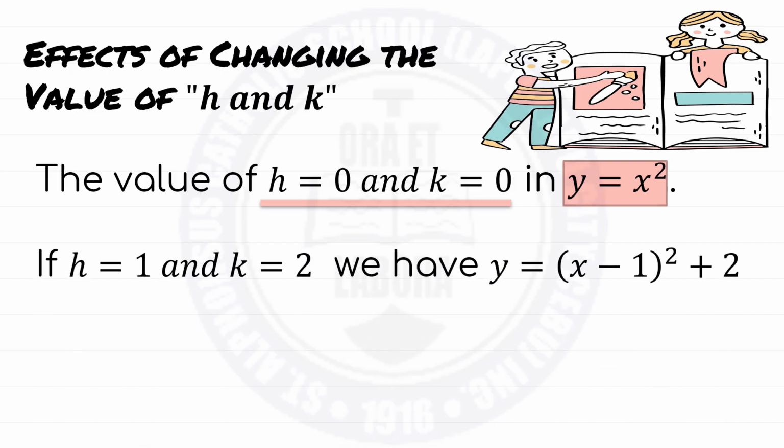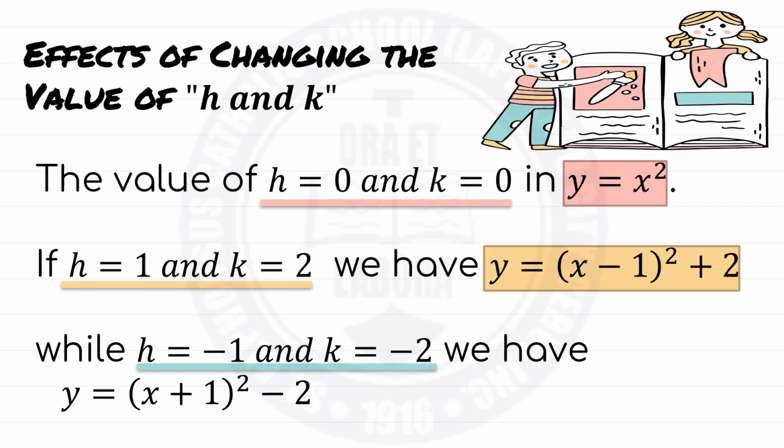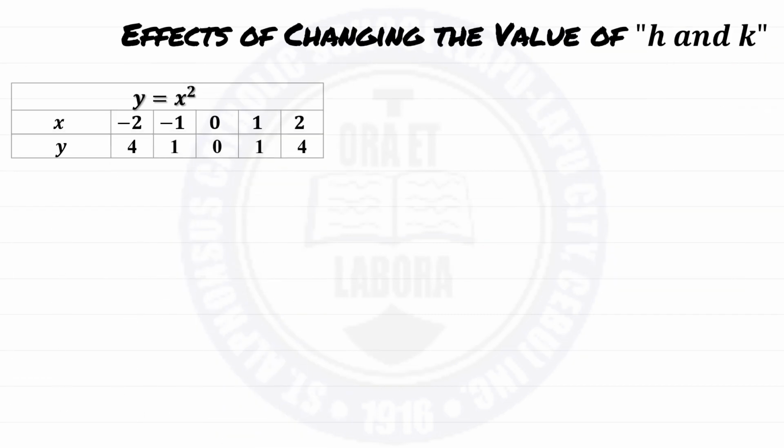If h is 1 and k is 2, we have y equals quantity x minus 1 squared plus 2. While if h is negative 1 and k is negative 2, we have y equals quantity x plus 1 squared minus 2. Refer to the table in the next slides and observe the values of y.